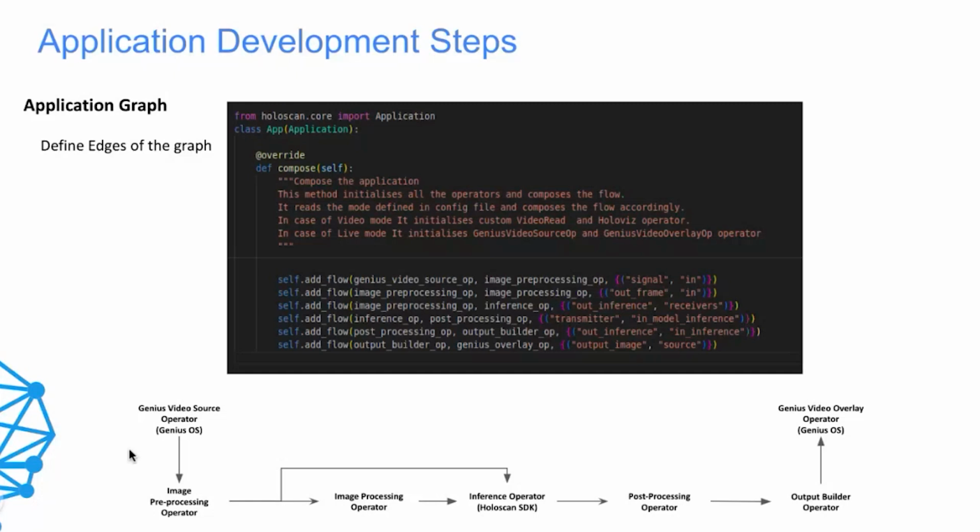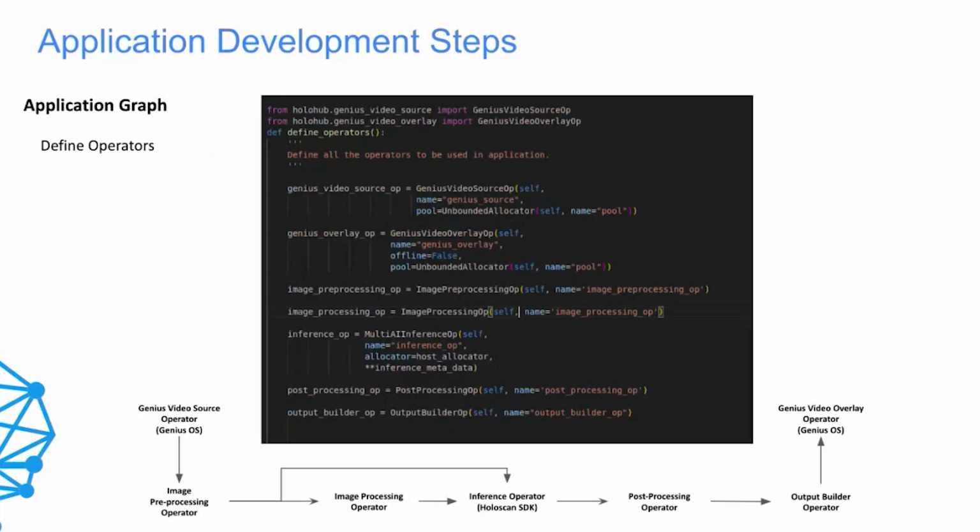This graph is depicted over here at the bottom. This is how the operators are defined within the Holoscan application. You can define your custom operators and have named operators with different memory allocations.